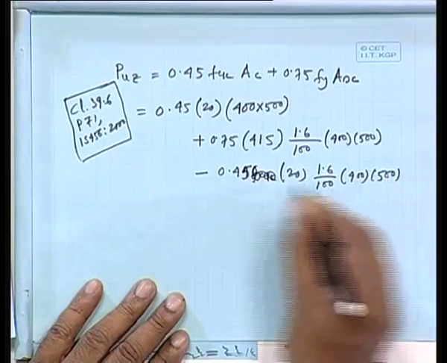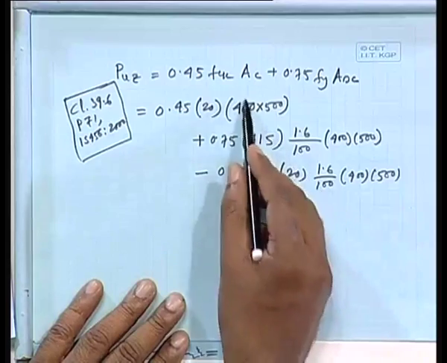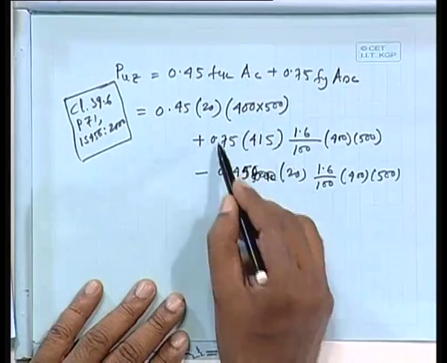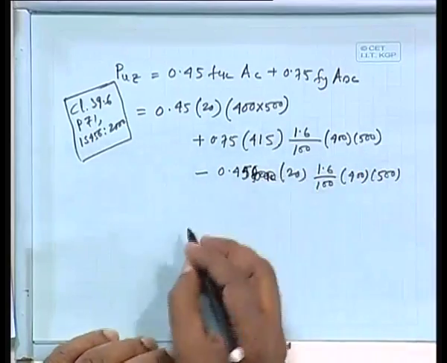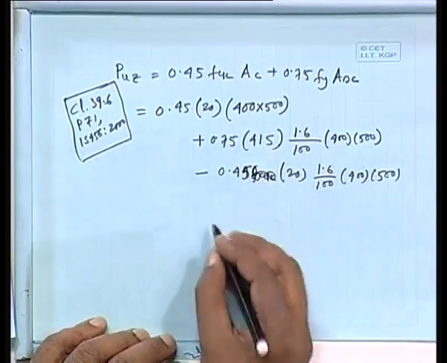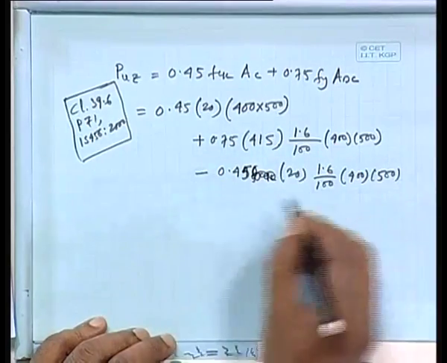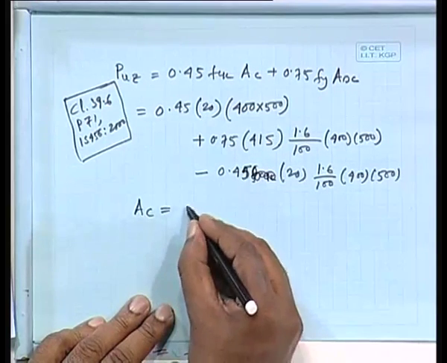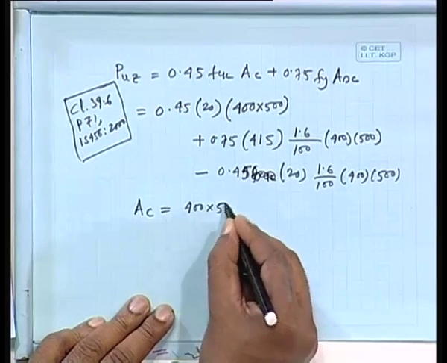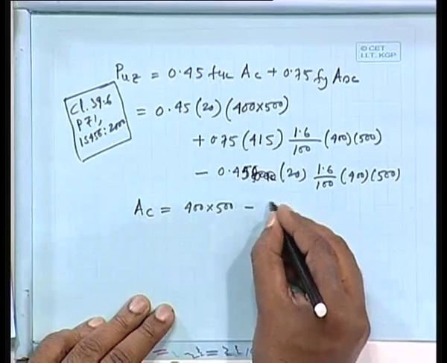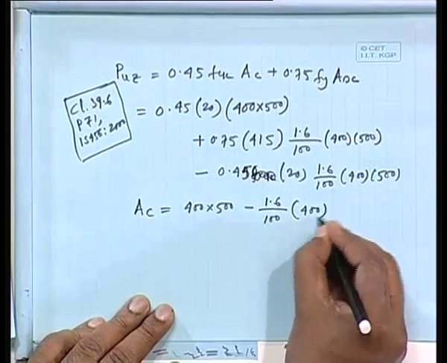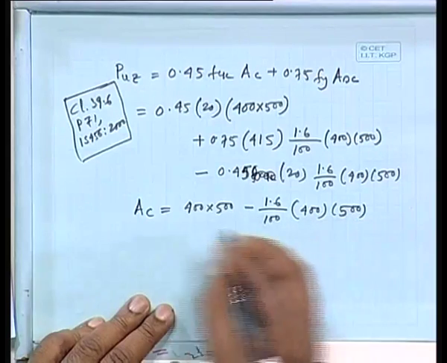I am just subtracting that portion because I have already taken the full area. Or AC will be equal to, if you would like to make it very clear, 400 times 500 minus 1.6 by 100 times 400 times 500. This I can do because this is exactly the area of concrete.